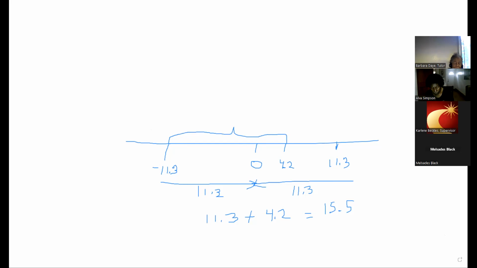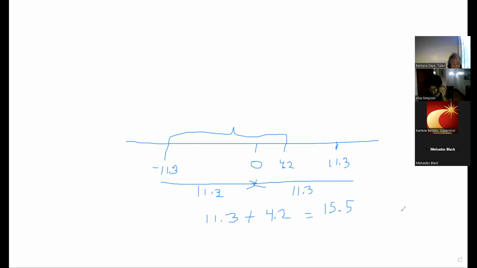I want you to, even if you don't see the number line, picture having 0 in the middle, negative on the left, positive on the right. And if you're looking at distances, going from negative to positive, it's the distance between the negative and the positive. So you move negative to 0, 0 to positive, add the two, that's your distance. Got it?